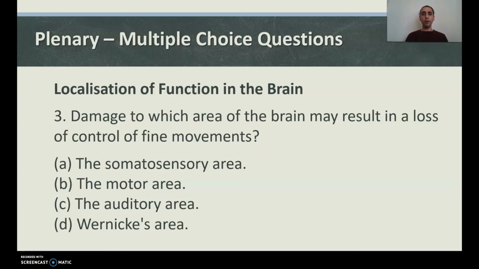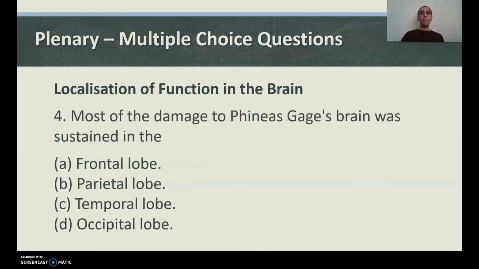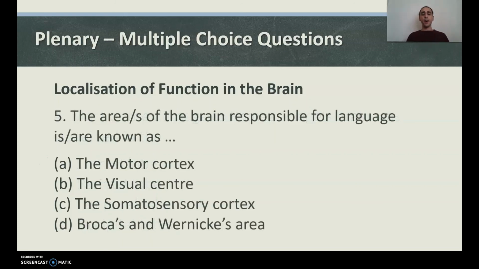I'm going to go with motor area, B. Yeah. Number 4. Most of the damage to Phineas Gage's brain was sustained in the A, frontal lobe, B, parietal lobe, C, temporal lobe, or D, occipital lobe. It's got to be the frontal lobe. It came through his left cheek up. So, frontal lobe. Yes.